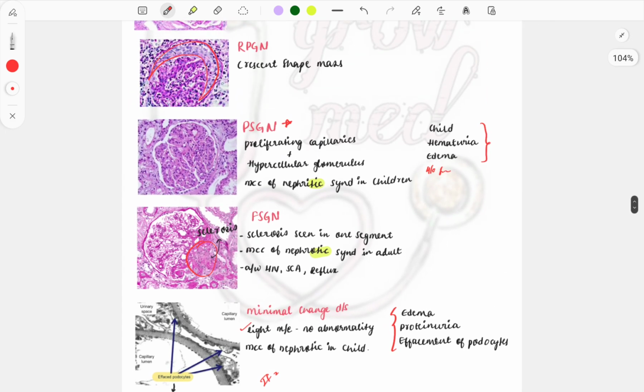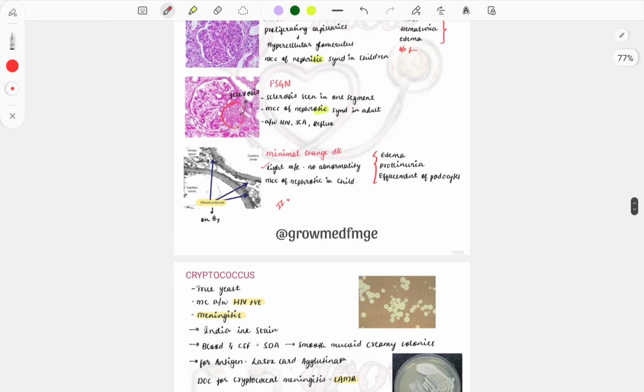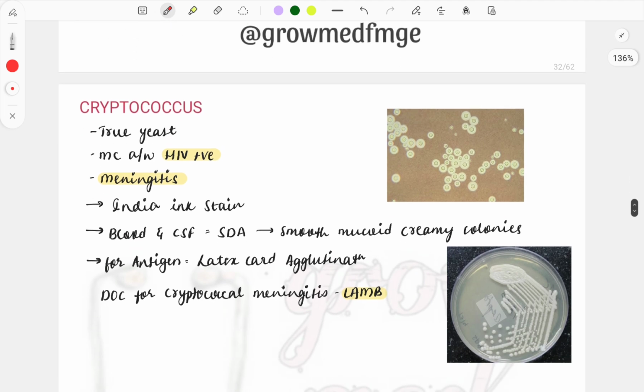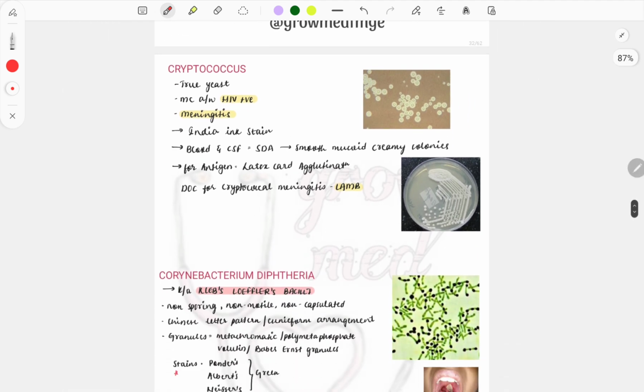When you see these findings in the question, then go with minimal change disease as the answer. Then moving on.